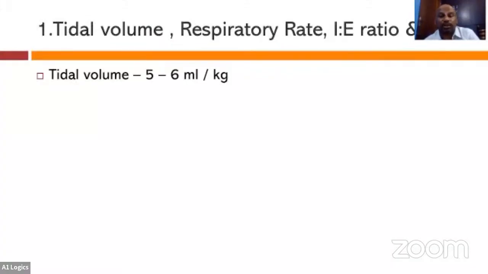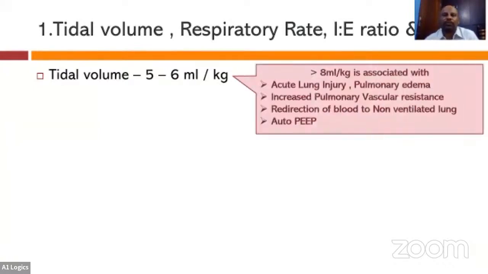Once you start OLV, you have to give lung protective ventilation, that is 5 to 6 ml per kg and not 10 ml per kg. There is a tendency to hyperventilate and give more tidal volume when you do hand ventilation. That should not happen here, because anything more than 8 ml per kg is associated with acute lung injury and pulmonary edema.